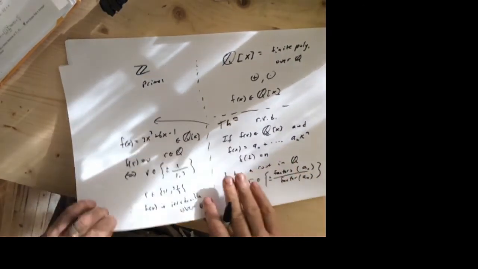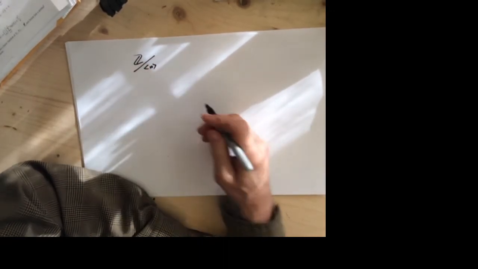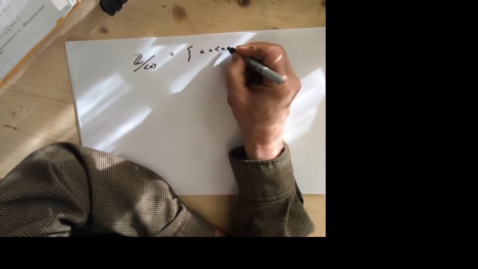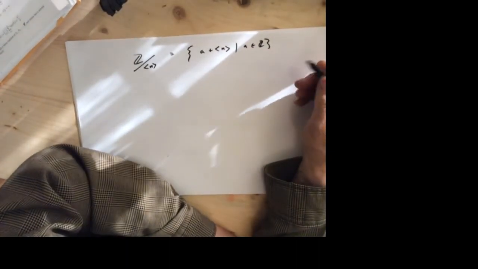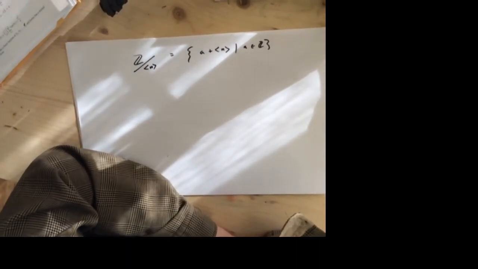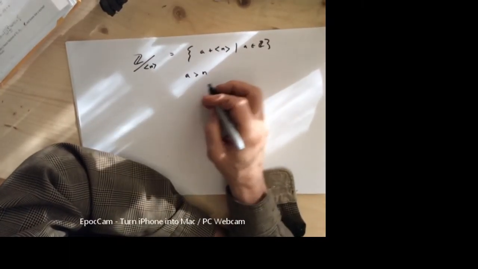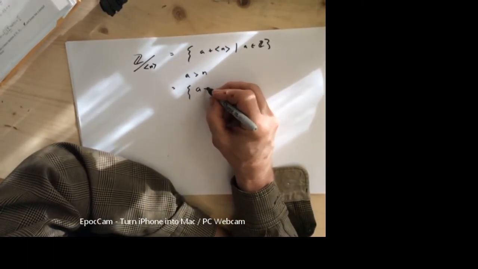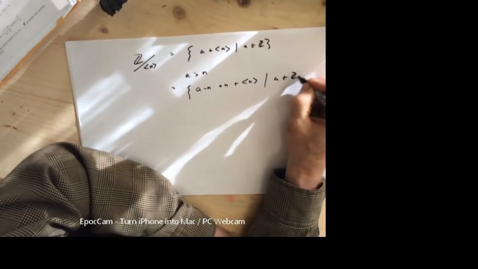Now, if you remember when we were in the integers, and we did Z mod multiples of n, that said we had cosets of a plus multiples of n, and what we realized that if a was really big, let's say a is bigger than n, then we could write this as a minus n plus multiples of n, such as a is in the integers.